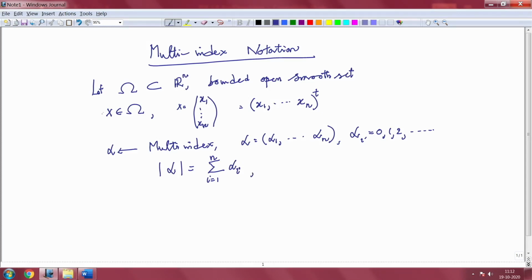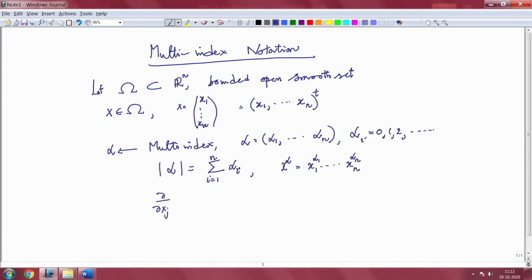If you have an x, you can define x power alpha as x1 power alpha 1 into etcetera xn power alpha n. You use this notation. You can also have your operator d by dxj.